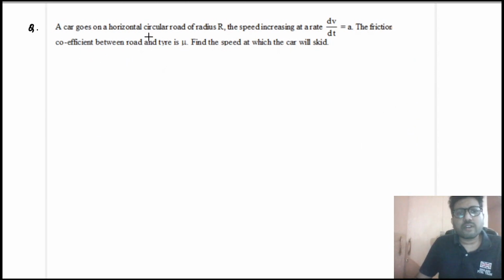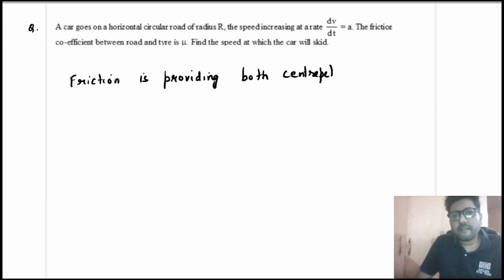Let us do some problems. A car goes on a horizontal circular road of radius r. The speed is increasing at the rate dv by dt is equal to a. The friction coefficient between the tires and the road is mu. Then find the speed at which the car will skid. In this case, the friction is providing both centripetal and tangential force.